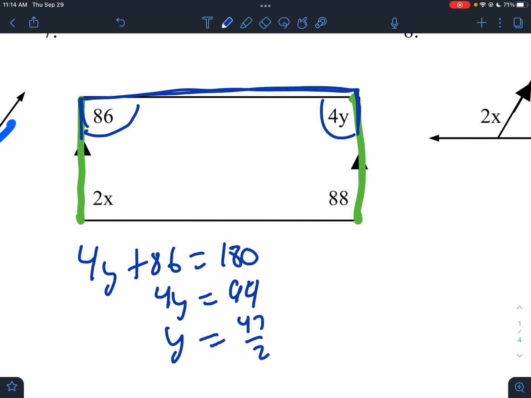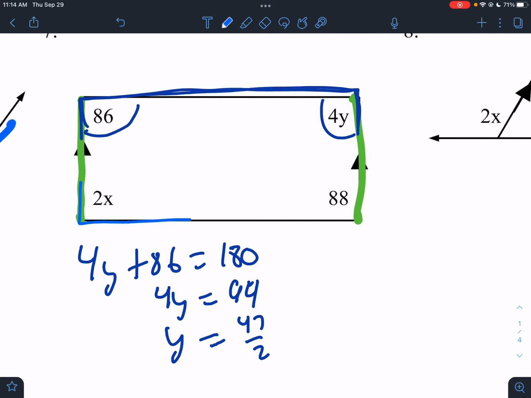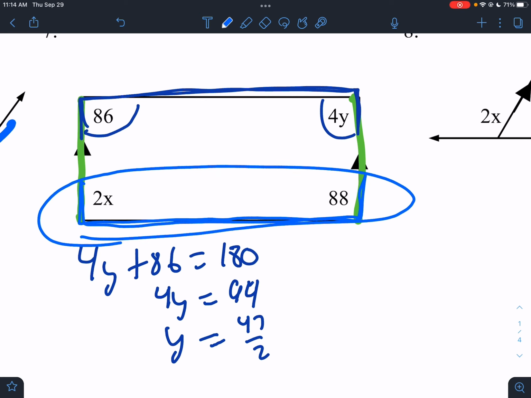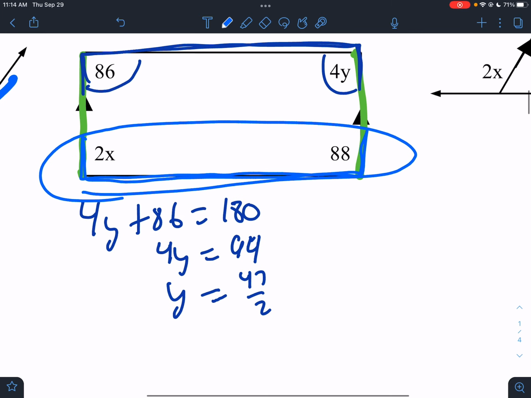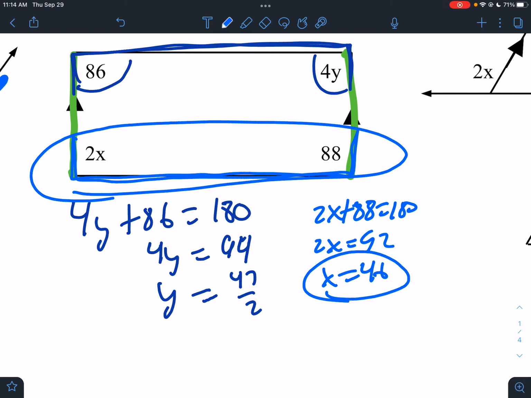Does that sound right? 94. Yes. Okay. And then the other pair is this way. Those use parallel lines, right? If I circle those, have I touched two parallel lines? Yes. That means 2x plus 88 equals 180. So 2x equals 92. So x equals 46. There's my answers.